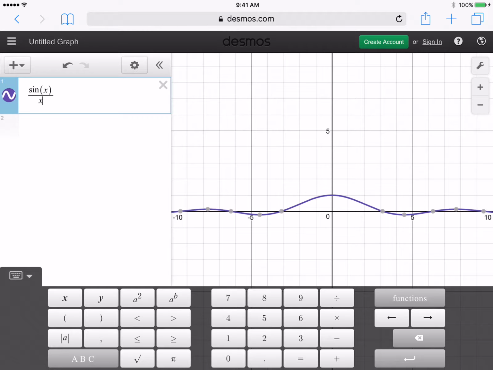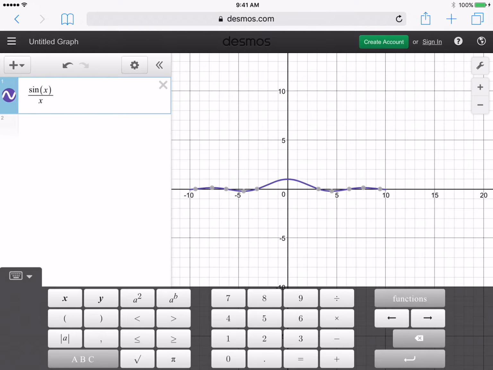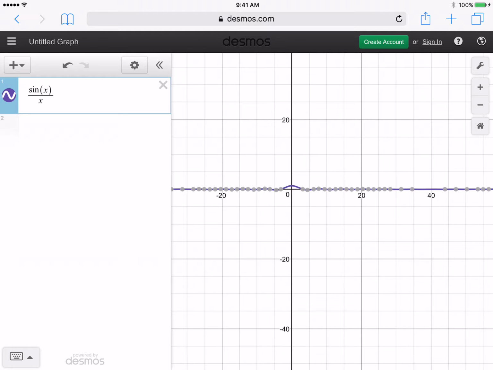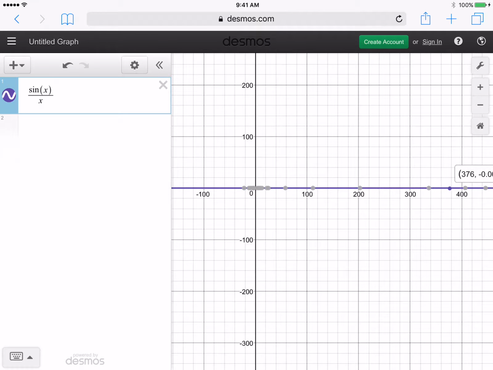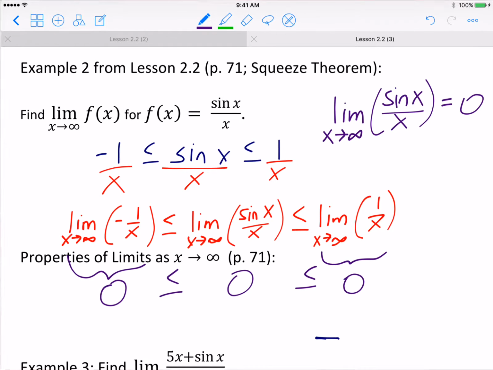And there's my graph. And as you can see, if you're approaching positive infinity, again, your y value is approaching 0. Okay, so that is your answer for that one.